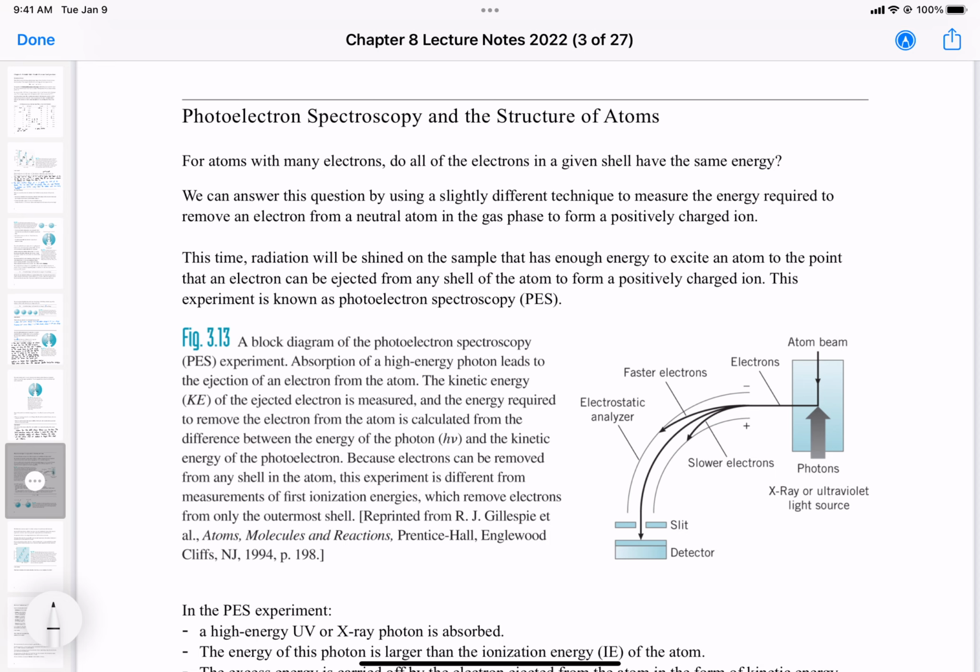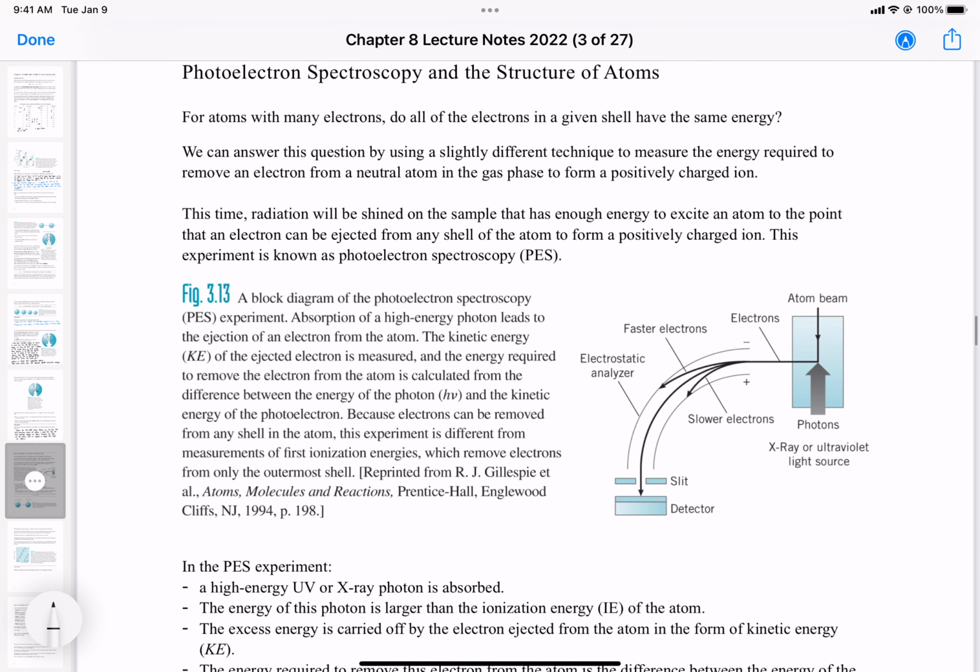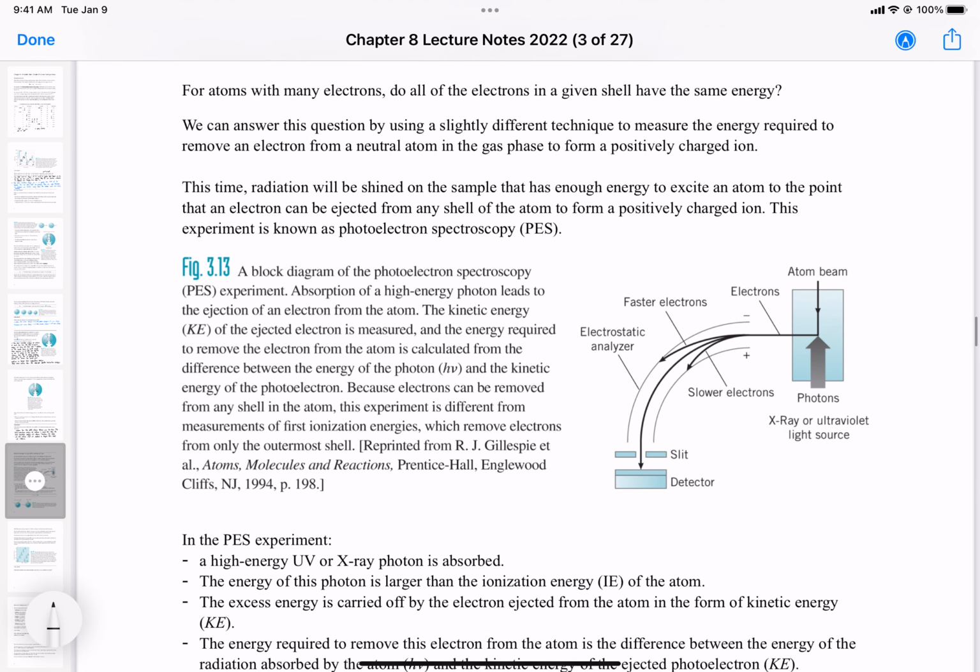The energy of this photon is going to be much larger than the ionization energy of the atom. So you're going to have some excess energy that goes to the electron, and that causes the electron to move.